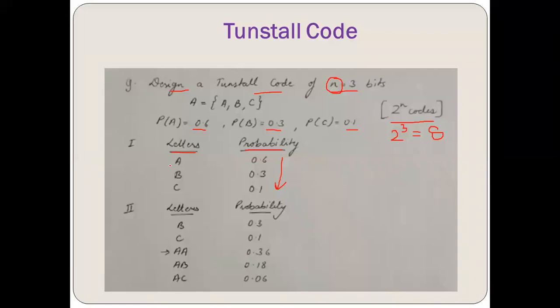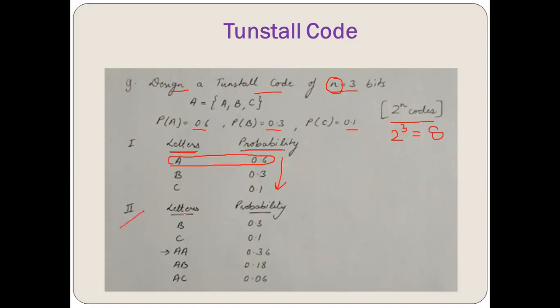Which letter has the maximum probability here? A is the letter that has the maximum probability. So I'm going to omit this A from the next step.